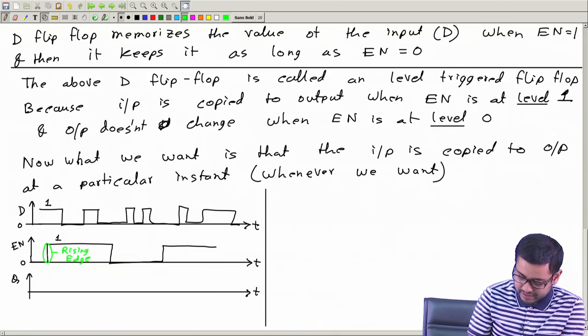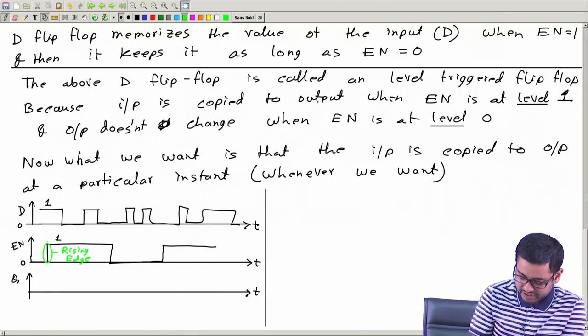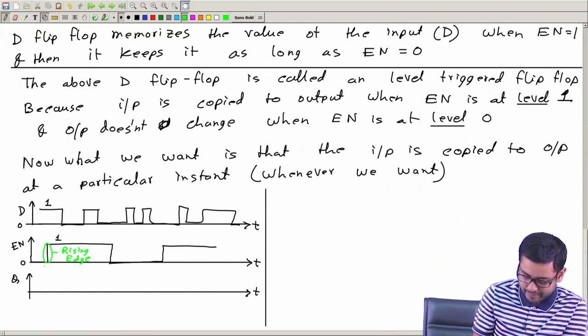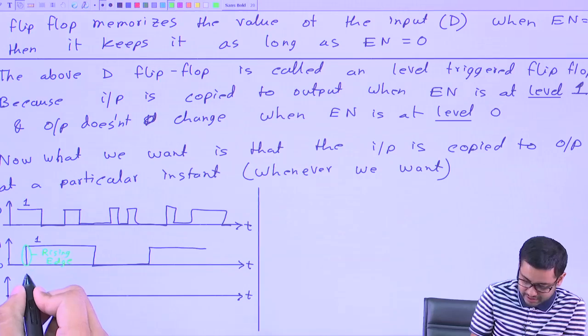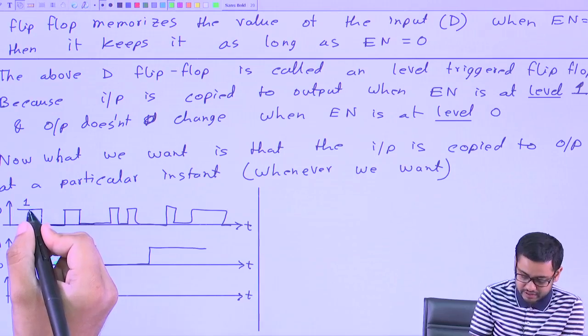We want the input to get copied to output only during the rising edges of this enable signal. This is a very small instant of time. So, at this point Q should become equal to D.